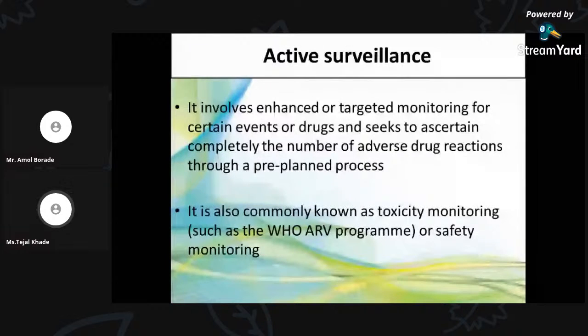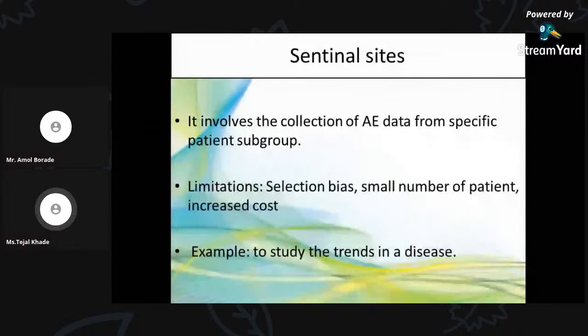According to the WHO program, this active surveillance is also called toxic monitoring or safety monitoring of the drug. Now, we will see the different types of reporting in active surveillance. The first one is called sentinel sites.